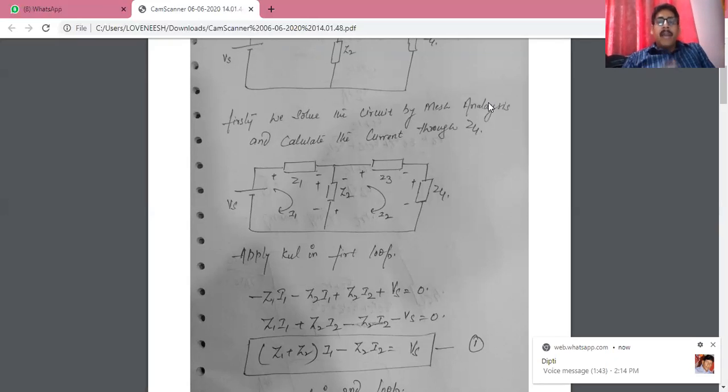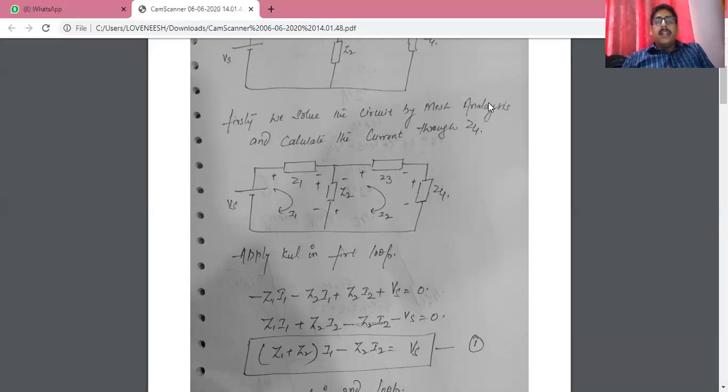Now when I apply the I1 current in the first mesh, I can apply the KVL. So it will be minus Z1 into I1. The reason being, here we go from positive to negative, so there will be a drop sign. And after that, we have plus to minus across Z2, then minus Z2 I1.